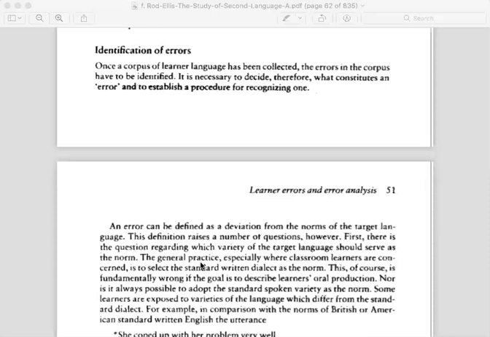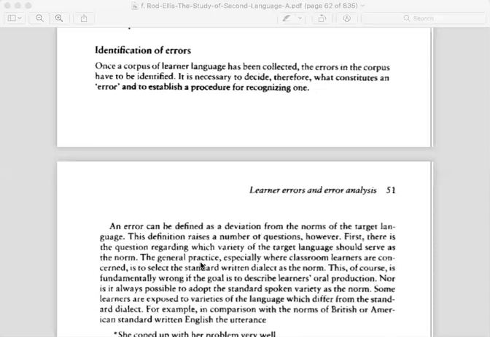So whatever deviation we find, it can be a grammatical deviation, a syntactic deviation, a lexical deviation, or a phonological deviation from the norm. All these deviations can be defined as errors.